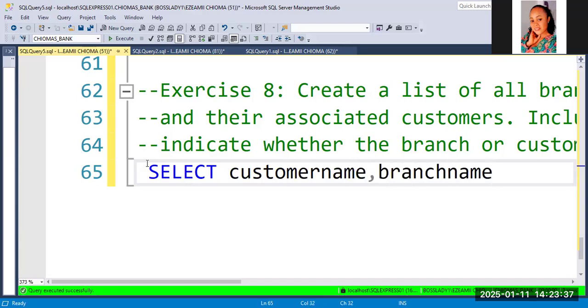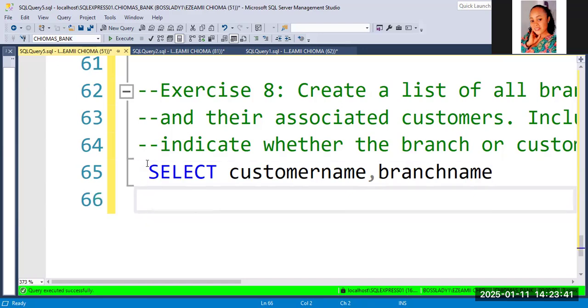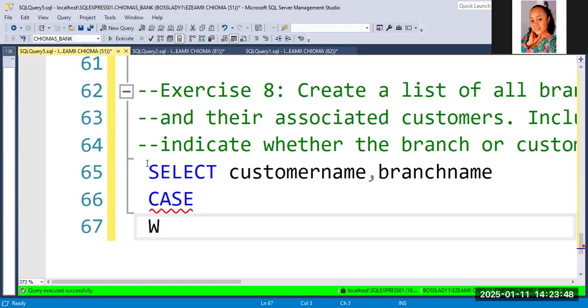Let's just make it simple and leave these two, since we have a case statement to write. Case when. So we use two tables, a customer table and a branch table.